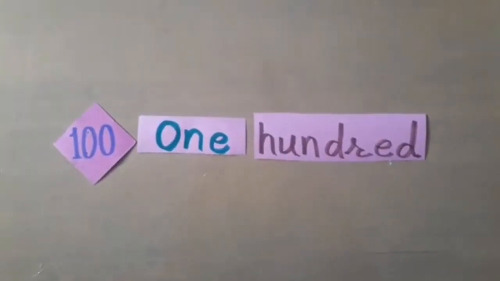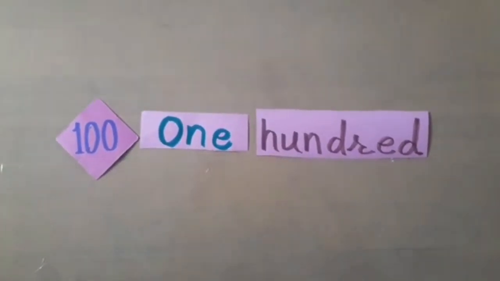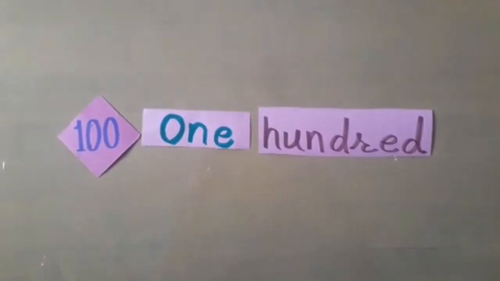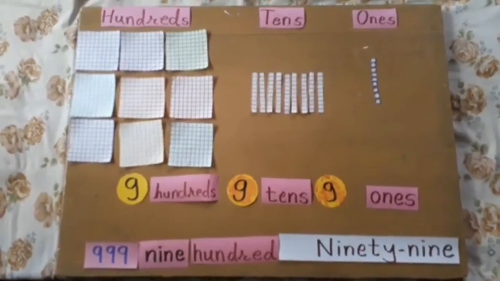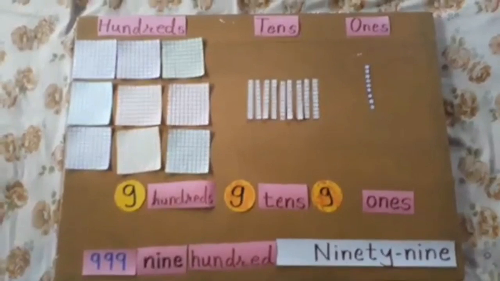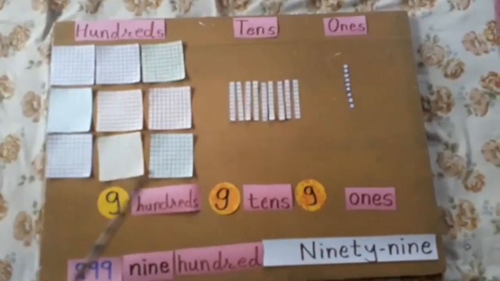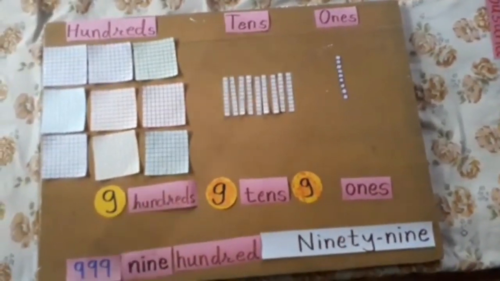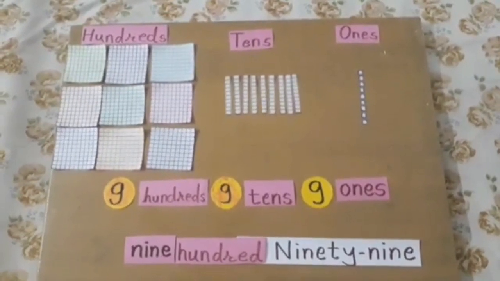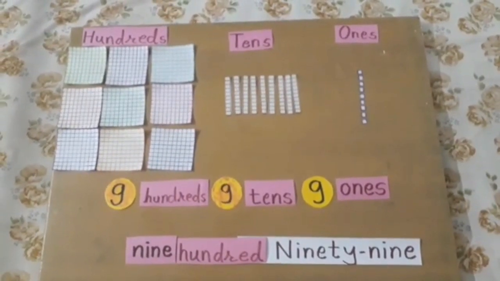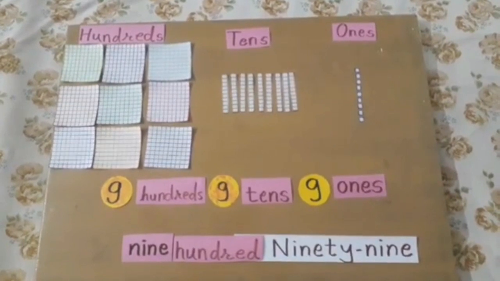So children, this 100 is our smallest 3-digit number. In the same way we write the numbers till 999. This 999 is the greatest 3-digit number.